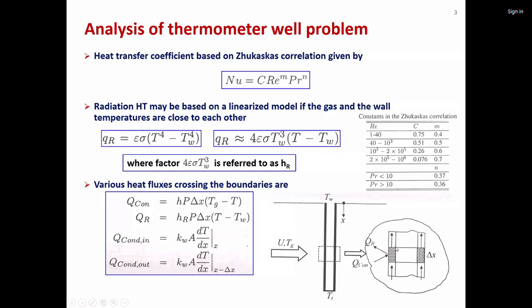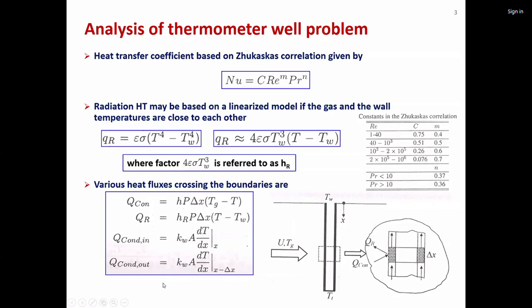Heat conduction is basically Kw, the conductivity of the wall material, into the area of cross section, because this is like an annular ring, into dT by dx, the temperature gradient. That is the heat coming into this cross section.